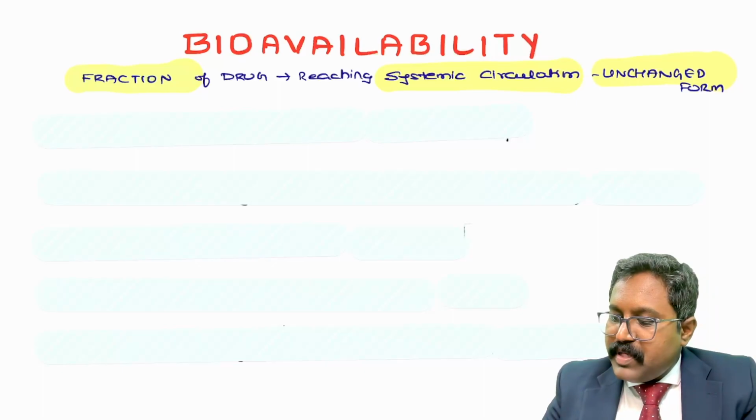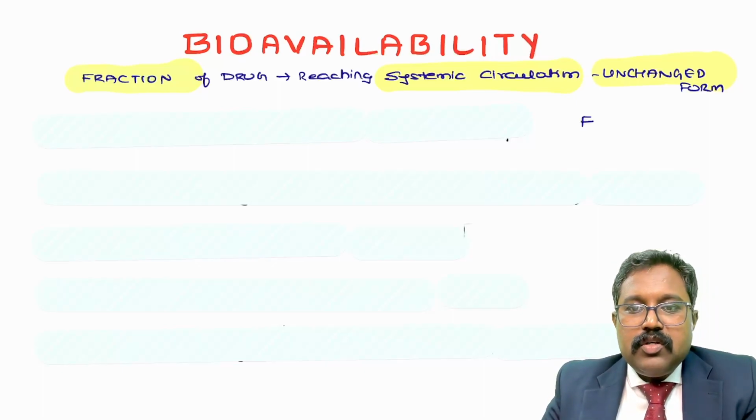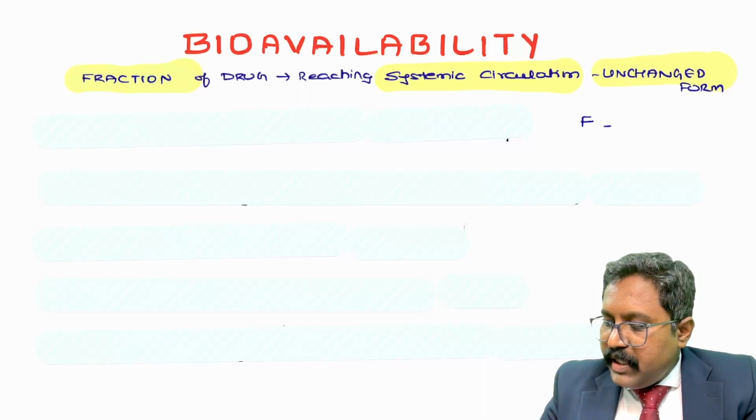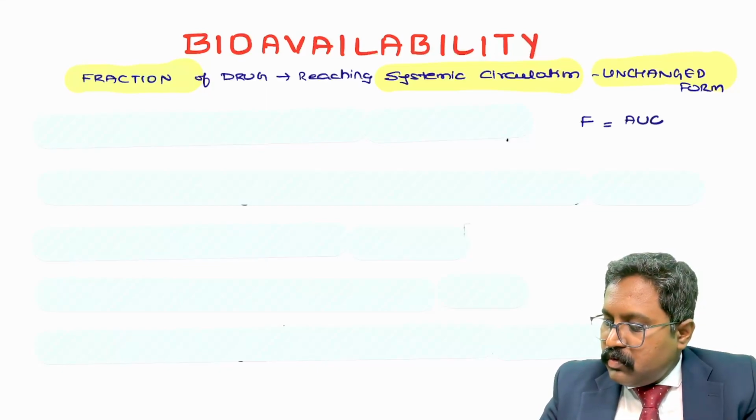So, how do you represent a bioavailability formula? It can be represented by the letter F. F stands for fraction. Usually the bioavailability is calculated with the help of area under the curve divided by area under the curve.